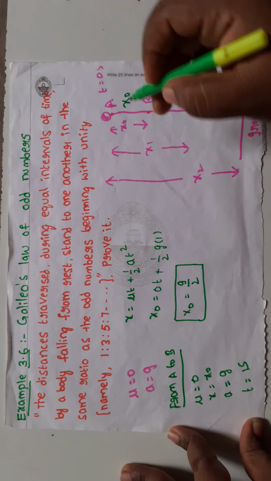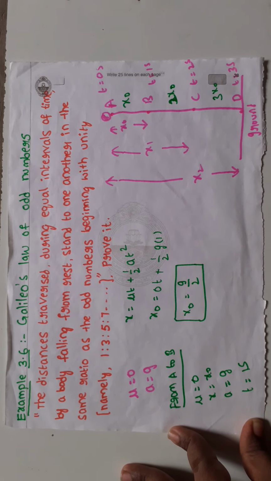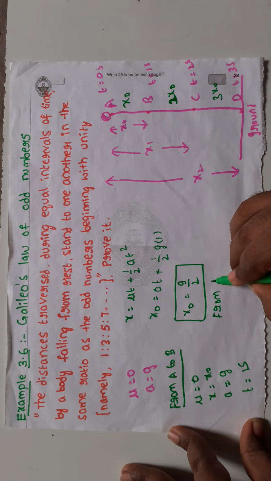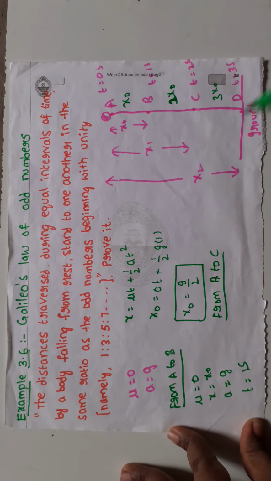So from A to B, distance x naught equals g by 2. Now from A to C, note down the values. Initial velocity is always 0.